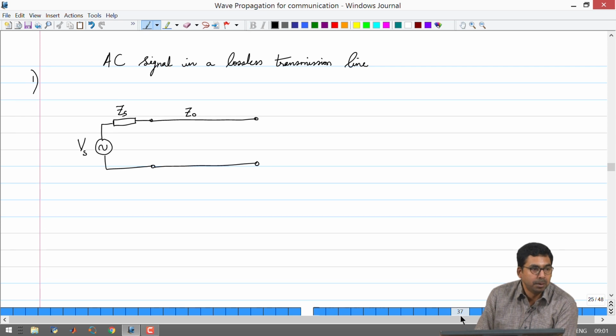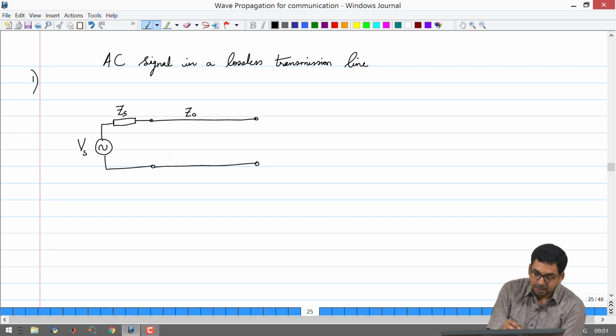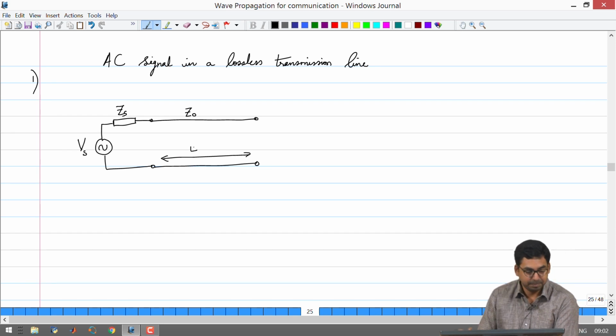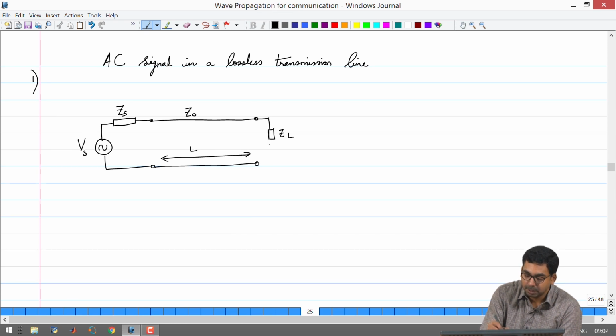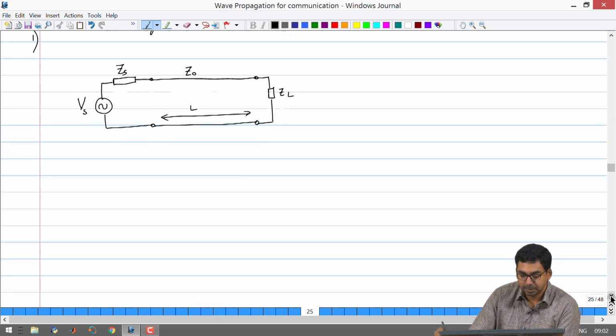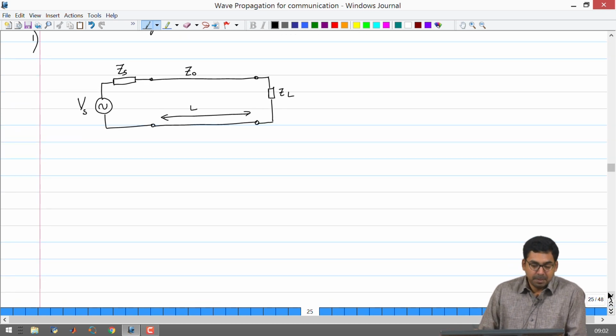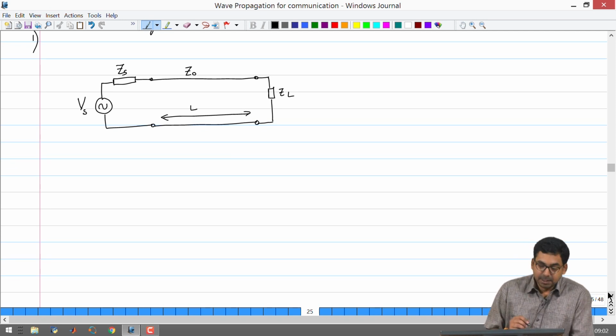We'll see more details about it as we go further. The length is L, and I'm going to replace the load resistor with a load impedance. So we want to study this configuration and figure out what the voltages and the currents in this transmission line would look like.